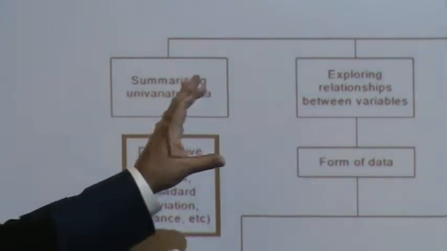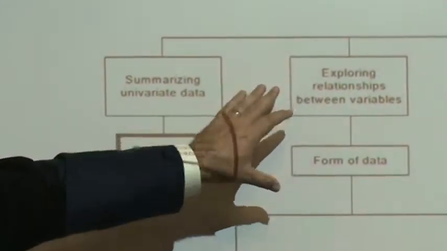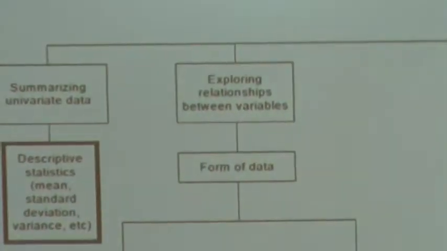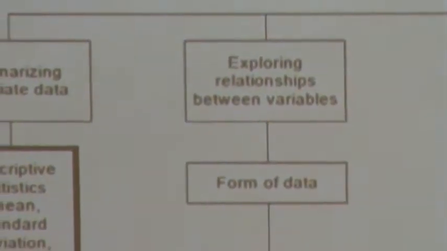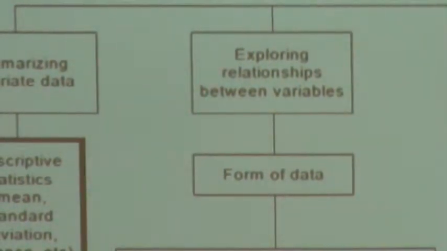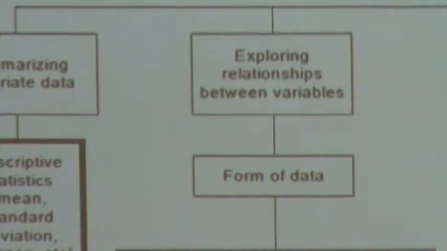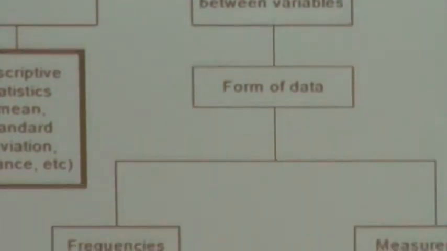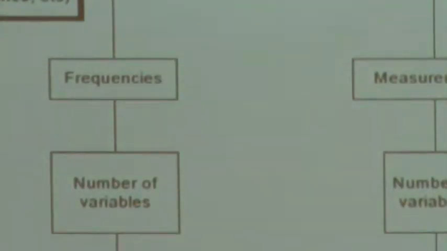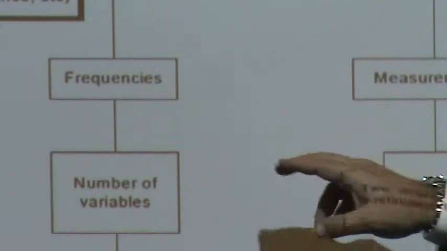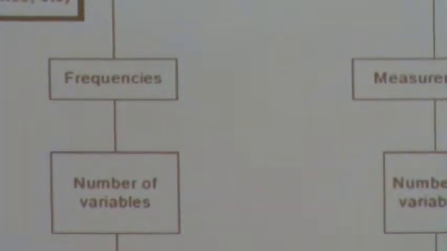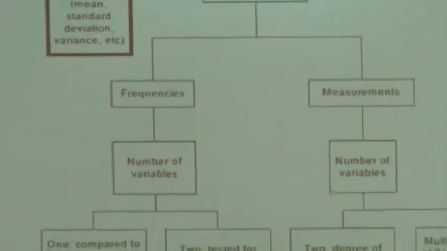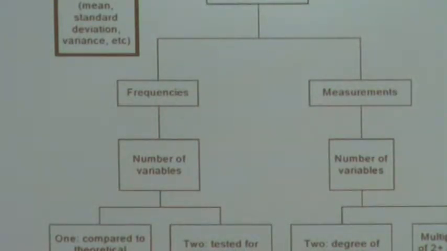Okay, now scooch over a little to exploring relationships between variables. And the first question that you have to ask yourself is, what is your form of data? And if you would just, oh, well, actually you can leave the video where it is and I'll move this screen. So your form of data can be either frequencies or measurements, okay? And by frequencies, I mean number of observations.